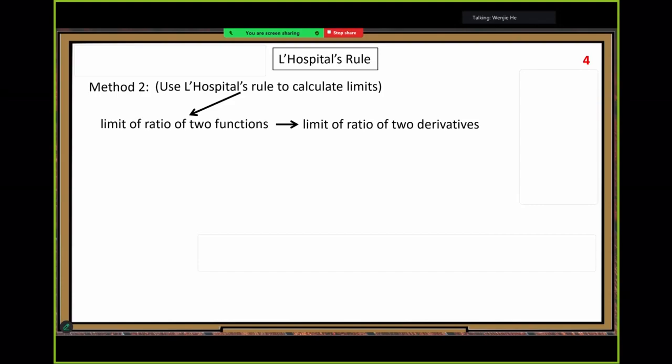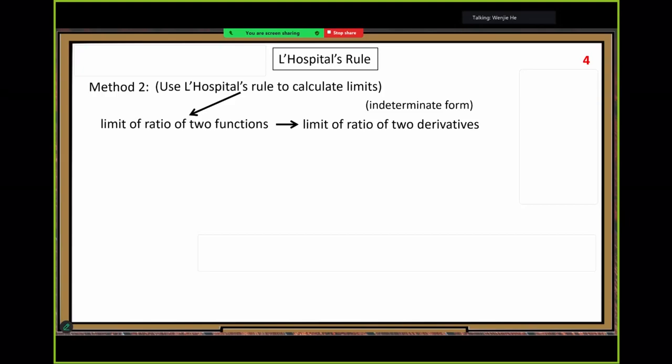That's why at this point I didn't write equal, because there is an important condition we need to check. If that condition is satisfied, then we can say the two ratios are equal. So what's that condition? The ratio must be an indeterminate form, I mean infinity over infinity.